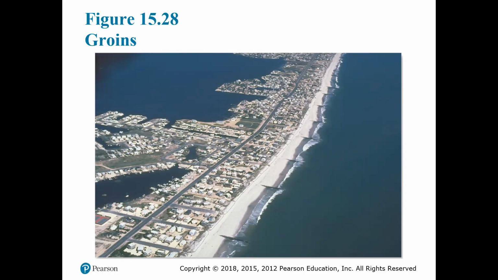And so you get this, what we refer to as a groin field now, so that it kind of stabilizes the entire shore. However, groins don't really provide a satisfactory solution to the problem. They're really just a temporary fix.